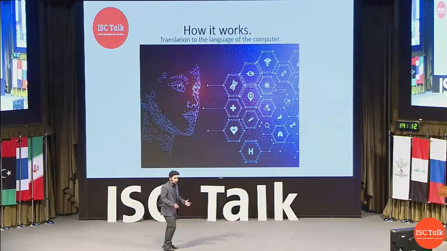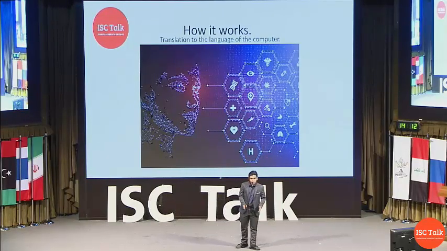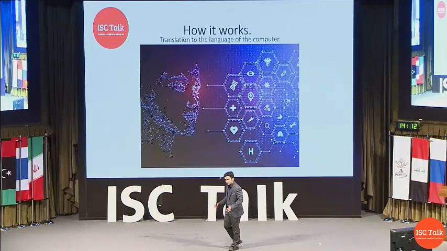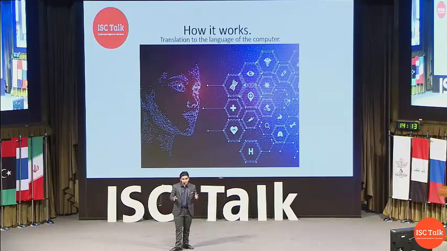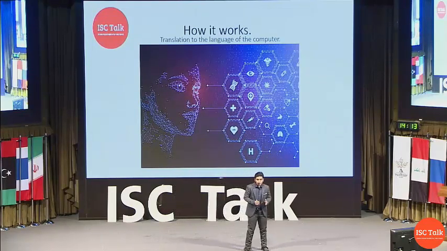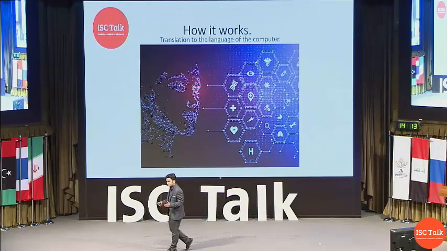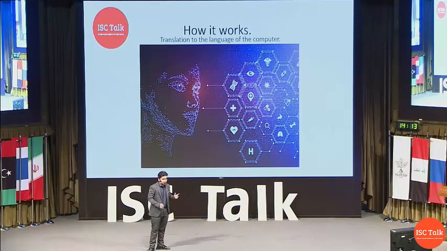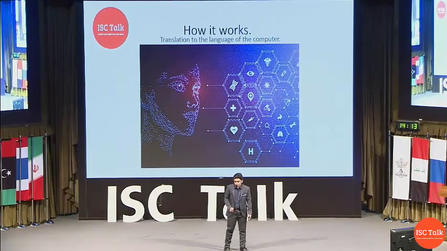Definitely, a machine cannot understand the language spoken by human beings. So the machine has to translate it to the language that's understandable by the machine, the binary 0 and 1 language, which is used in every machine and every computer. So the data needs to be translated to the language of the machine.